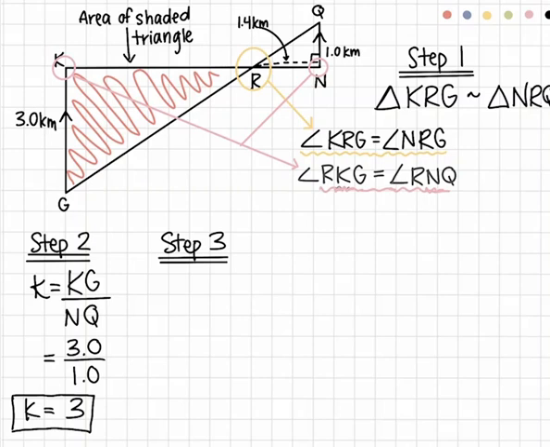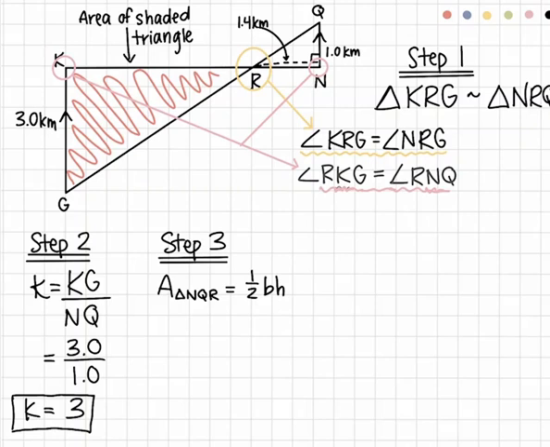Now, in order to find the area of the larger triangle, I'm going to actually first find the area of the smaller triangle, because it's already given me both the measurements that I need. So I can do the area of triangle NQR, which will be equal to 1/2 base times height.